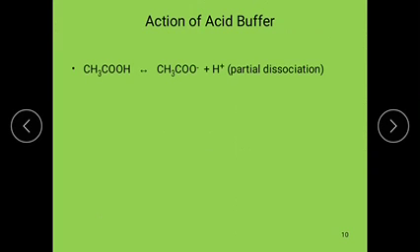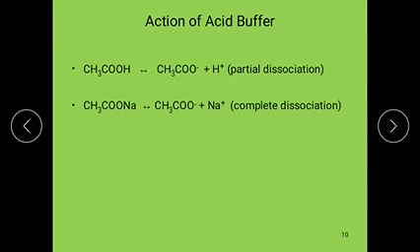CH3COOH on ionization produces CH3COO minus plus H plus ion. Generally it is a partial ionization. Next, CH3COONa on complete ionization gives CH3COO minus plus Na plus ion.